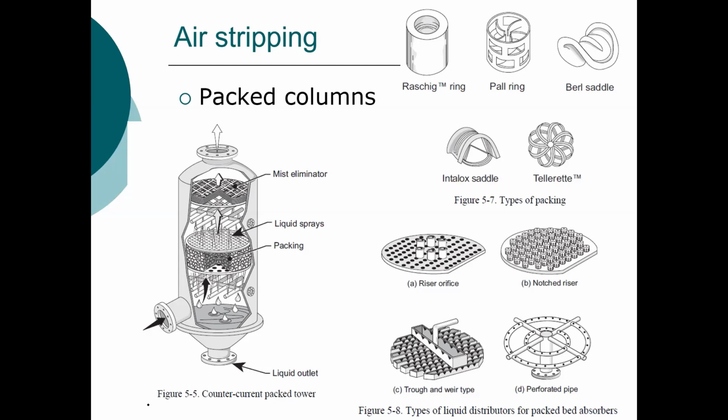And with these we can achieve 99% removal of volatile organic chemicals. Typically, they range from about 5 to 12 meters in height. So they're quite high, typically permanently installed, although they can be on mobile units.